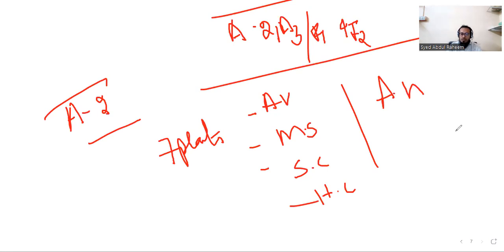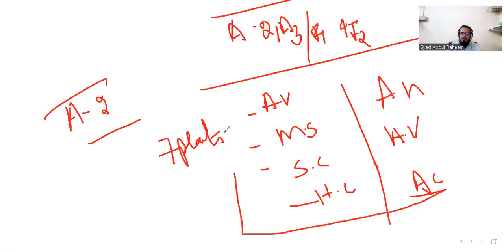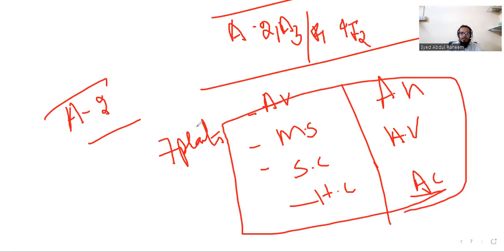Hamamelis virginiana is also a plant of A2. And the last plant is Achillea millefolium. This is a very important plant in A2. So these are the important plants which are present in A2.